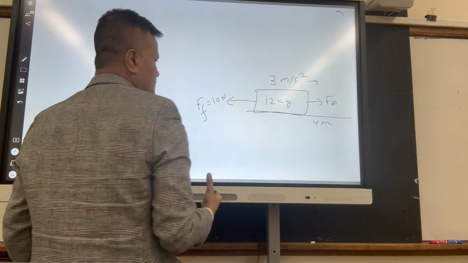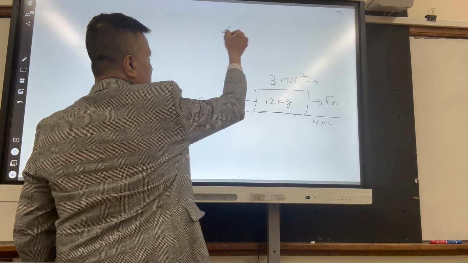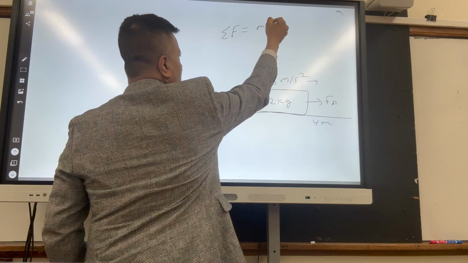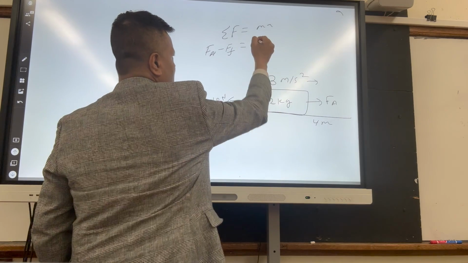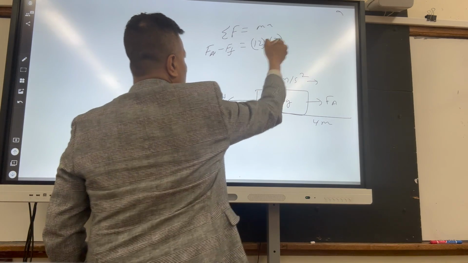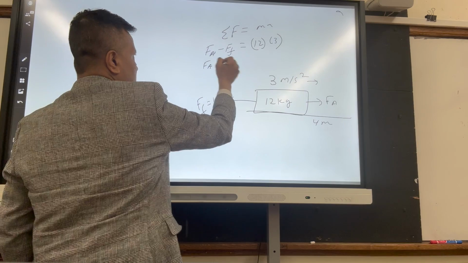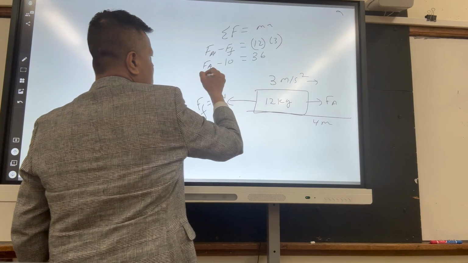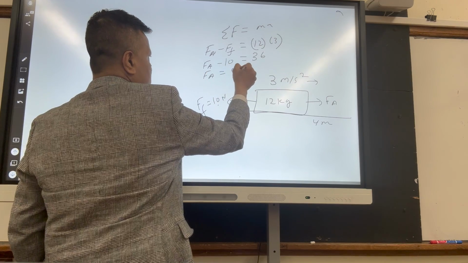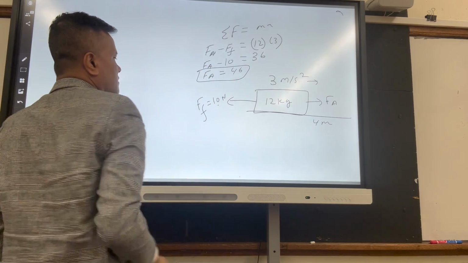Okay, so first thing first, F is equal to MA. You have FA minus Ff is equal to M, 12 times 3. FA is what we are trying to find, this is 10, is equal to 36. So FA is 46. Great.